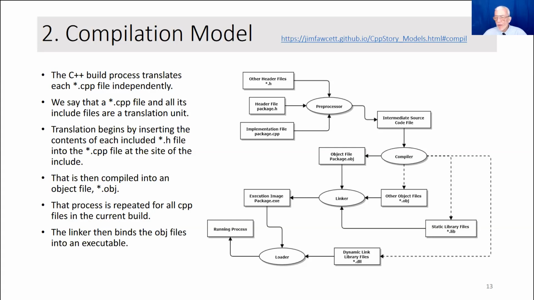And it does some other things to expand macros and handle other preprocessor definitions and so on. But the main function is to build a large intermediate source code file that has the CPP and every one of its headers in one single intermediate source code file.